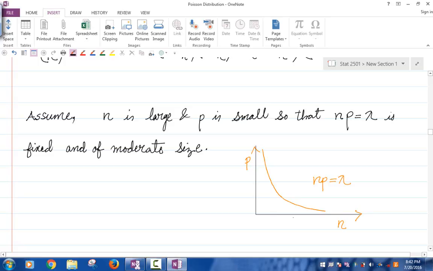So let n go to infinity, and at the same time let p decrease accordingly, so that n times p is always lambda. Okay, so if I do that, then what happens?